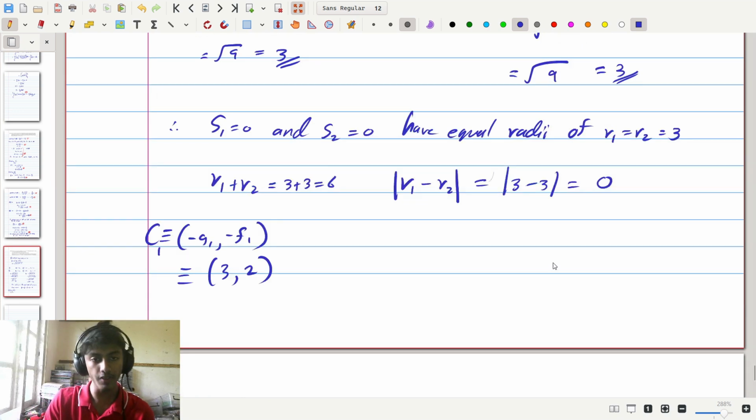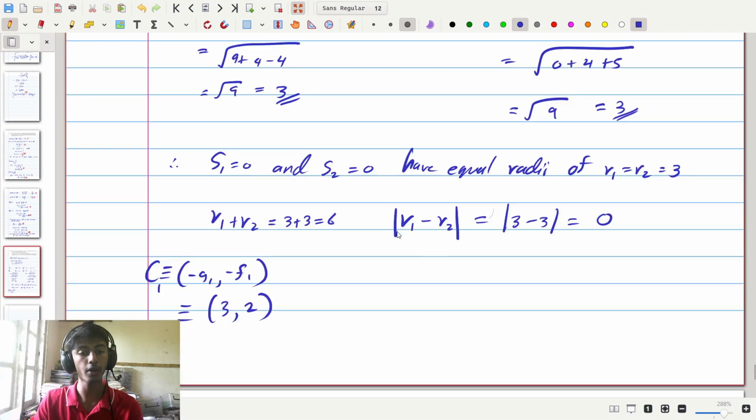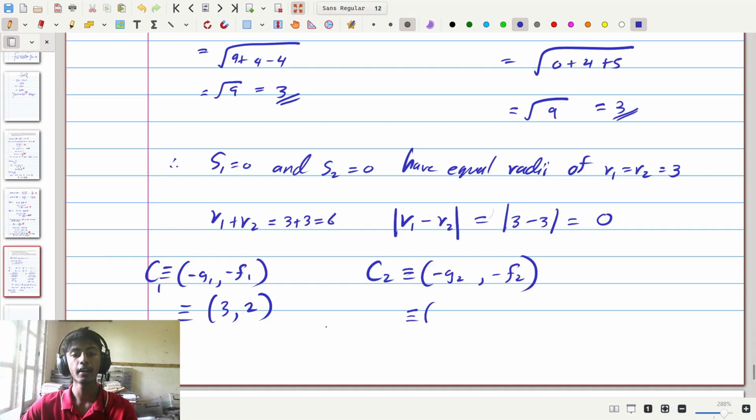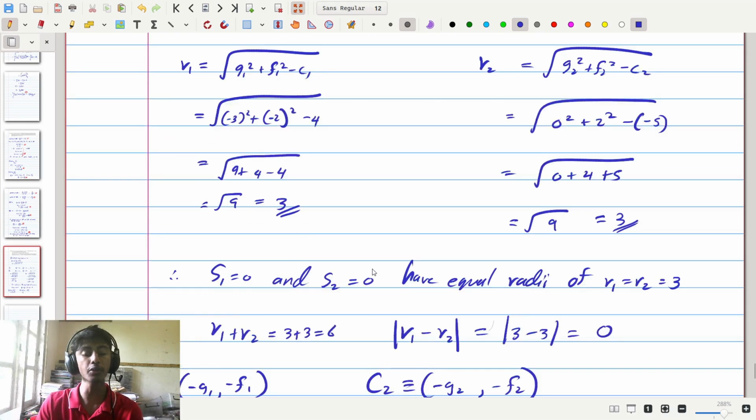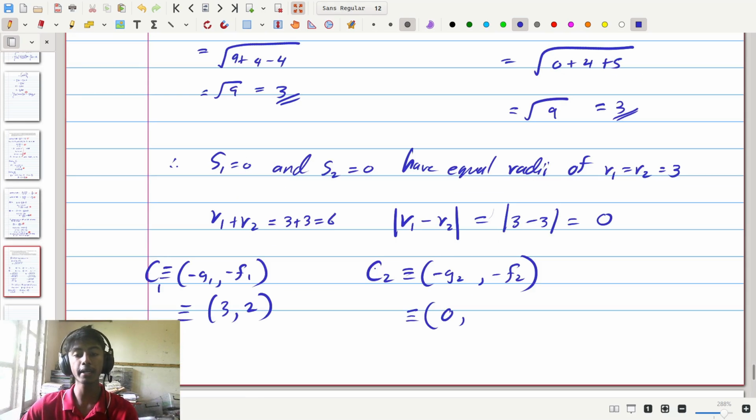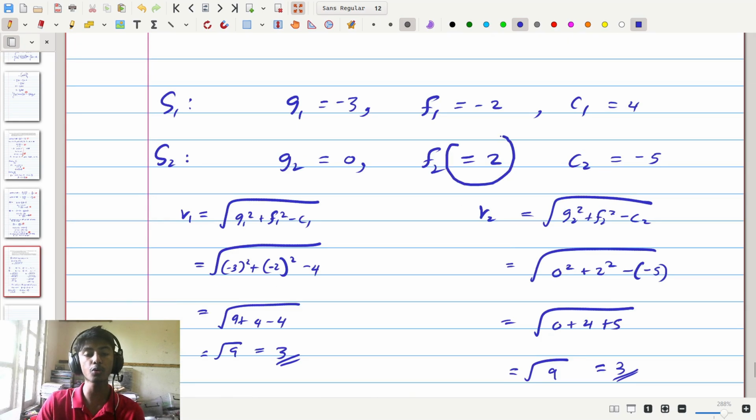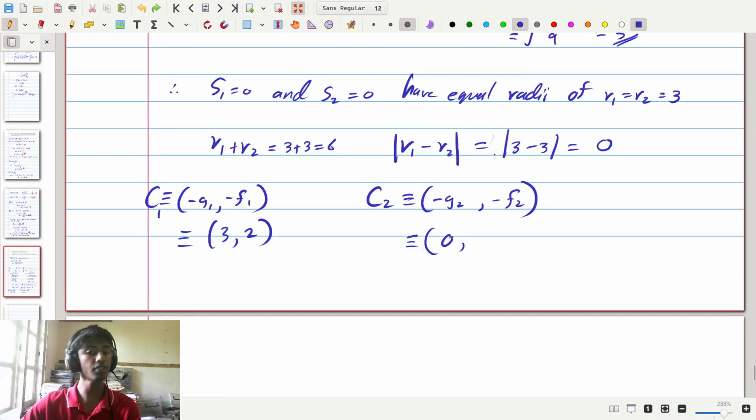Therefore the center C1 of the circle S1 equals 0 is given by the coordinates 3, 2. Now similarly, center C2 is given by negative G2, negative F2, and here G2 is equal to 0, so we have negative 0, which is 0, and F2 is equal to 2, so we get minus 2. So therefore C2 is given by 0, minus 2.